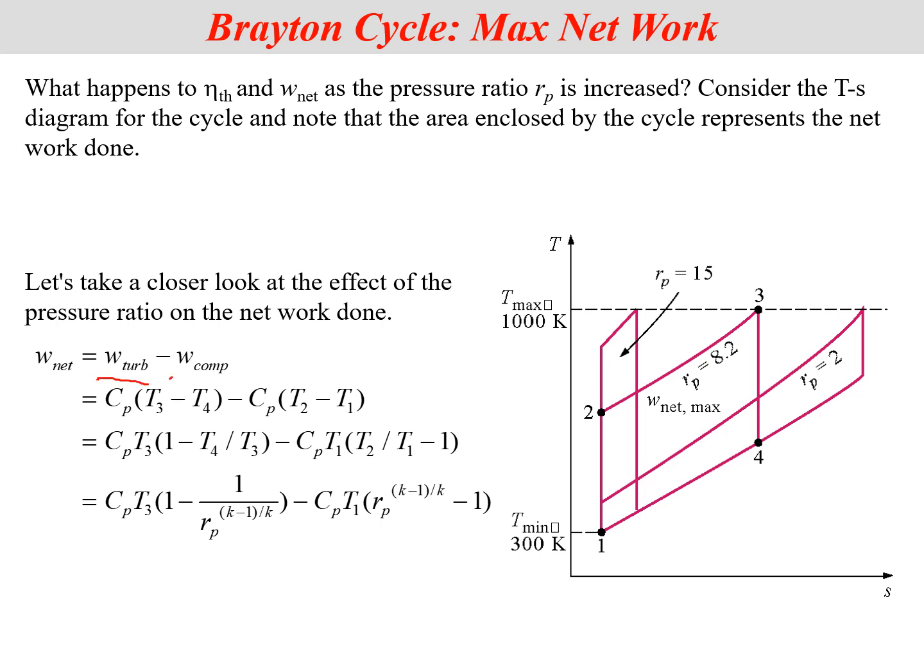So this is the common example. The equation is W net equals W turbine minus W compressor, which is delta H. Delta H is Cp delta T here, and you can write it in this equation form.